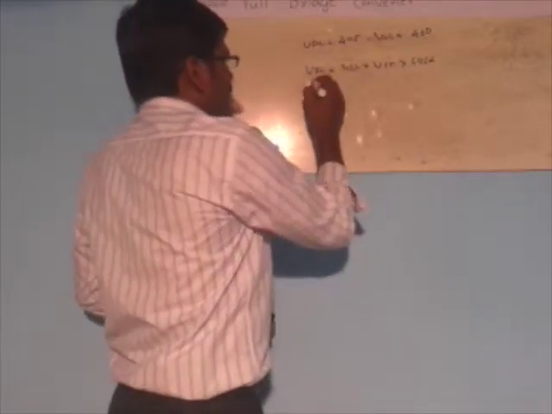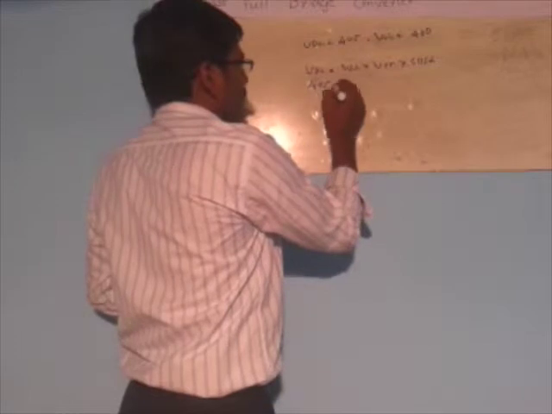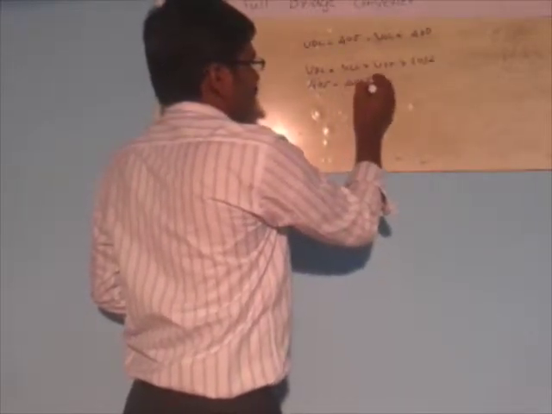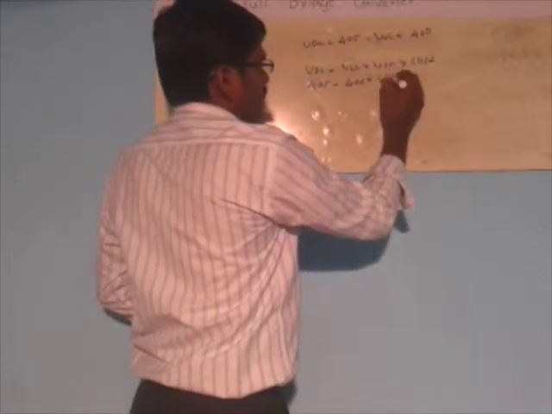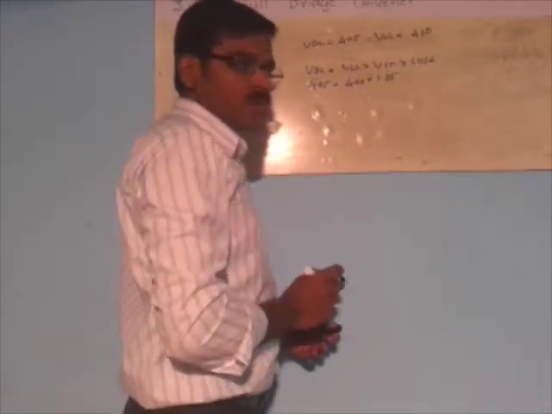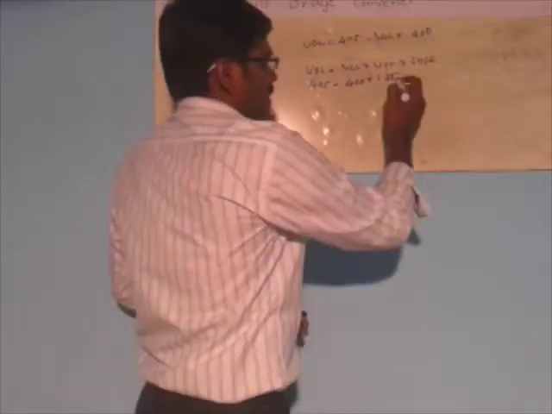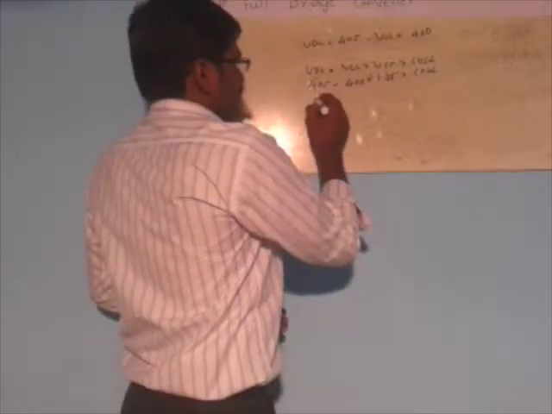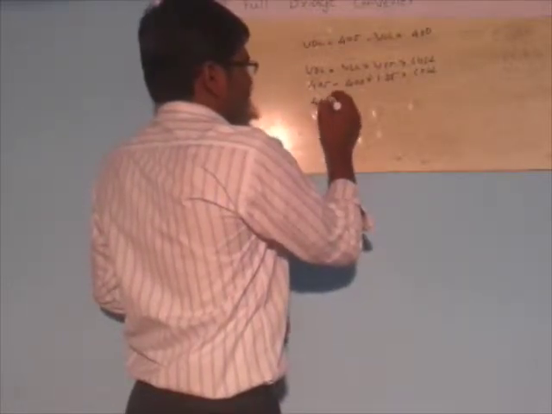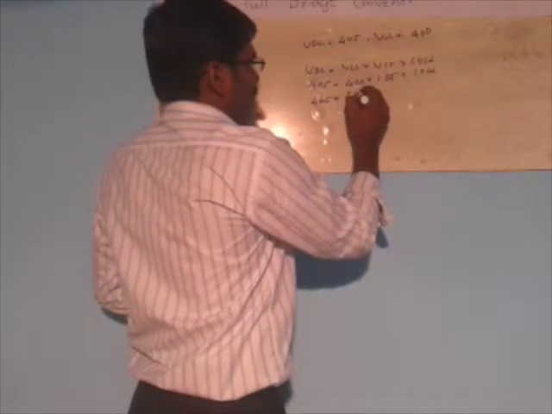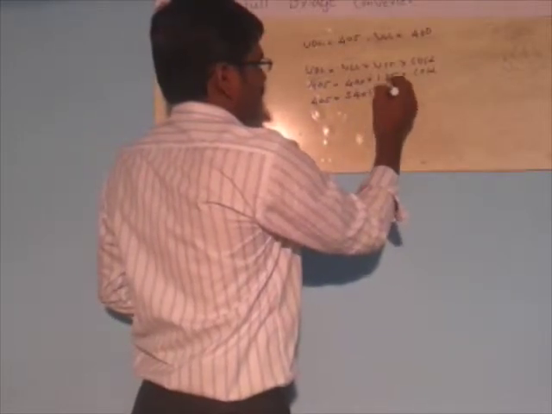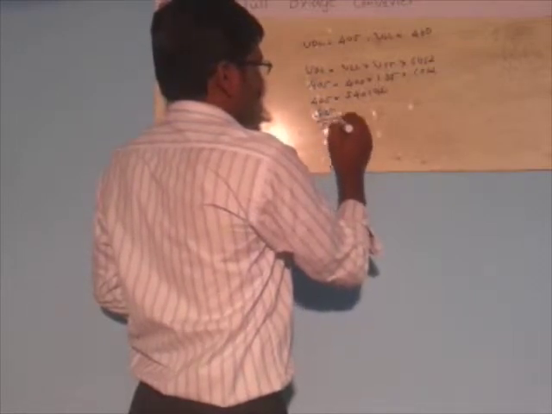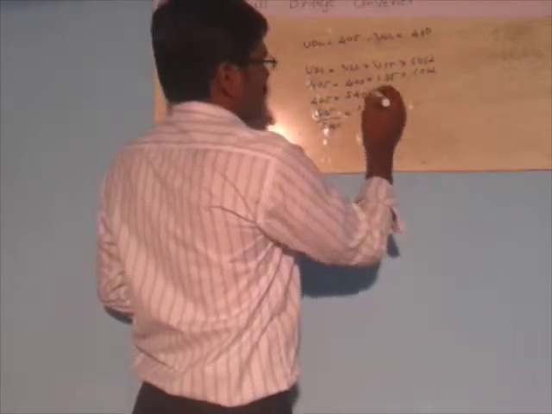VDC is 405, then 405 is equal to VLL 400 into 1.35. That is the voltage transfer ratio, which as I told before is a constant, into cos alpha. Then 405 equals 540 cos alpha, so 405 divided by 540 equals cos alpha.